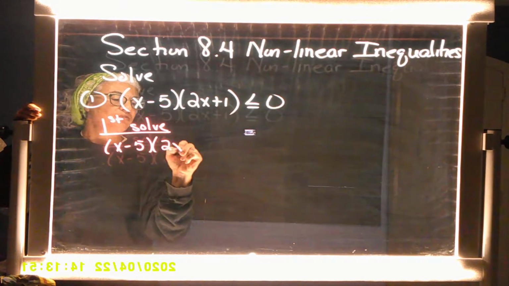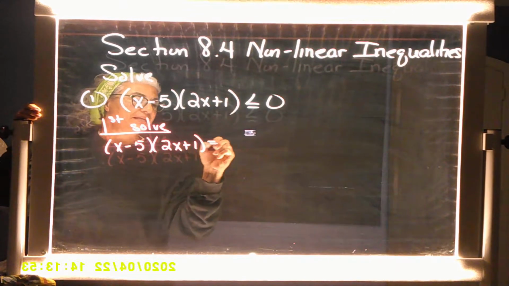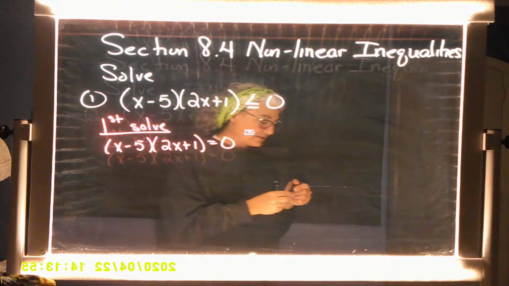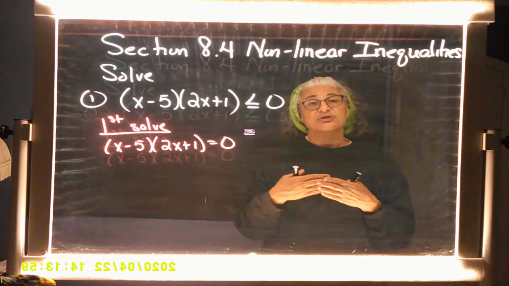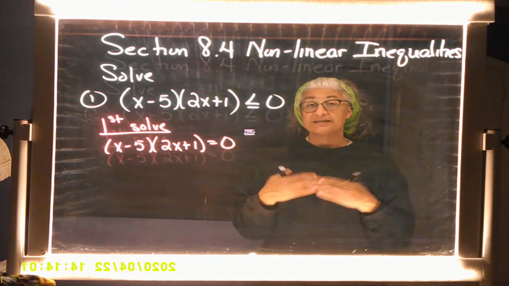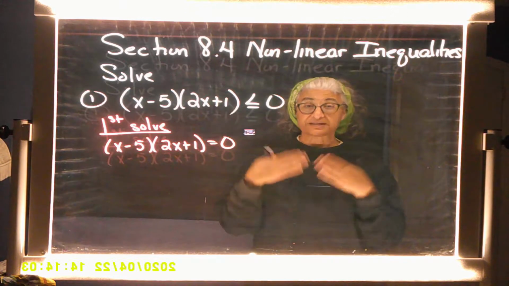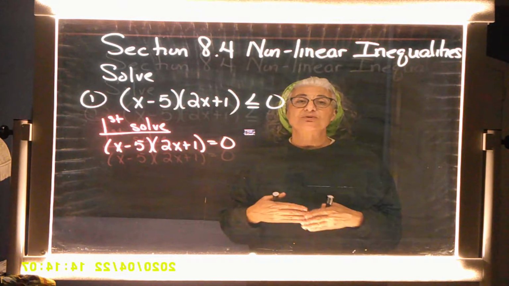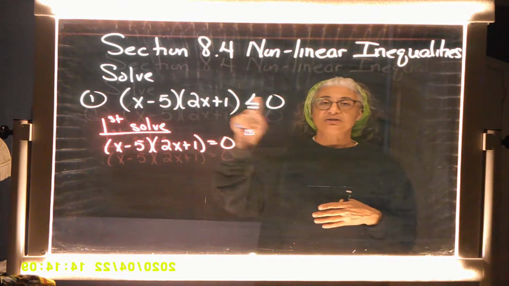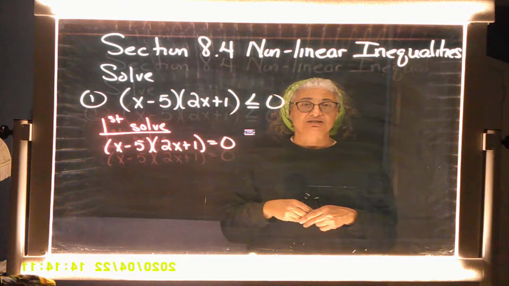You are solving it with it being equal to 0 always, because that is how we have learned to solve a second degree equation. That's how we learn to solve something that's already been factored. It has to be equal to 0. This inequality was never around when we first learned how to do it.